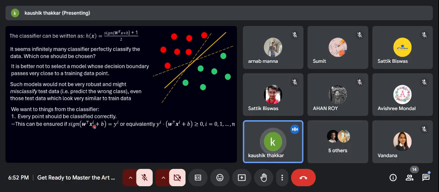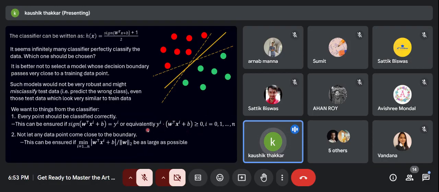If the sign of W transpose xi plus b is plus 1 for xi belonging to the class plus 1, then their signs are equal. And if xi belongs to the class negative 1 and the sign is also negative, then these two are equal. So we are having correct classification, right? In either case. Or equivalently, if you multiply these two things, so if y is negative, this should be negative. If y is positive, this should be positive. So if you multiply two quantities having the same signs, you always get that to be greater than or equal to 0, right? So this is another way of writing the same thing.